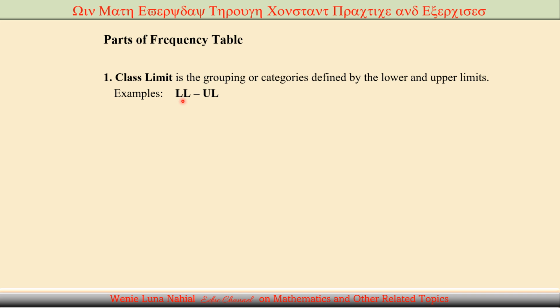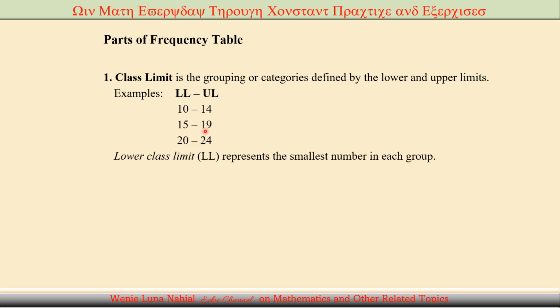So LL here stands for the lower limit, UL stands for the upper limit. For example here, 10 is the lower limit, then 14 is the upper limit of this category. Then the second category, we have 15 to 19, 20 to 24.